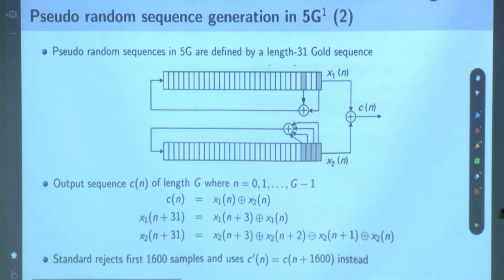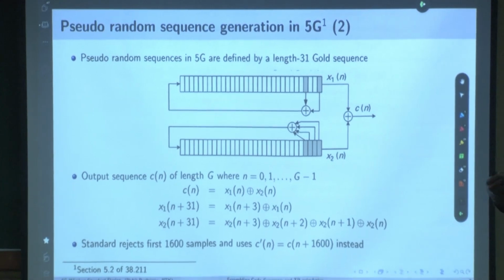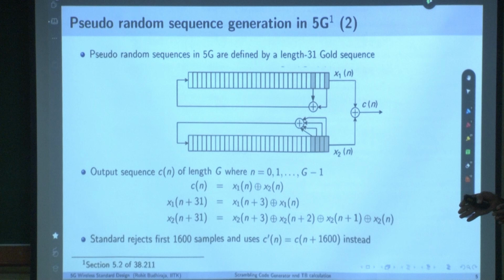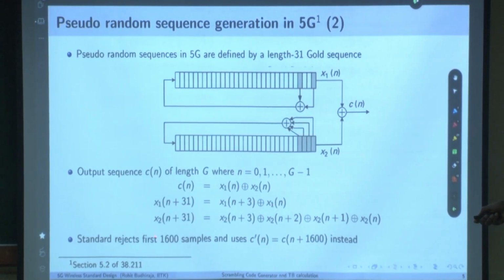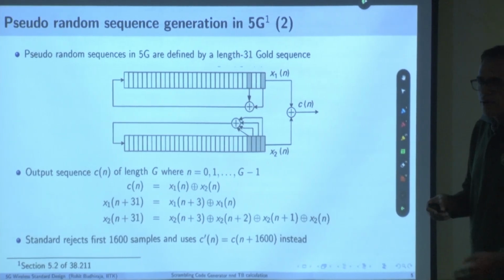Now if you look at it, this is like a filter. Every filter, if you understand basic signal processing, has a transient response, wherein the filter is not stabilized. So what the standard does is reject the first 1600 samples generated using this formula. Why?